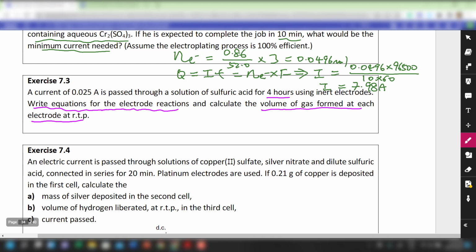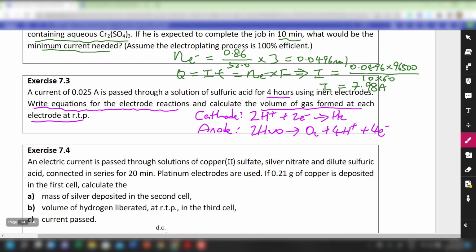From earlier examples under section 6, we should be able to quite easily discuss what happens at the cathode and anode, if you recall from what we did earlier on. At the cathode, I would expect H+ to be reduced to give me hydrogen gas. And at the anode, I expect water to be oxidized to give me oxygen, accompanied by 4H+ as well as 4 electrons.